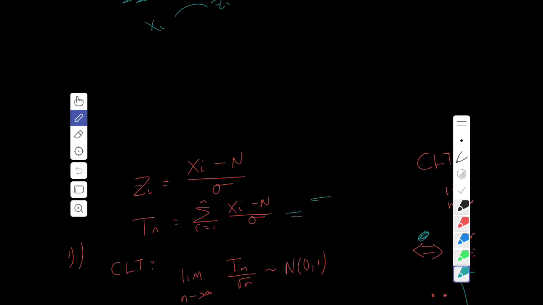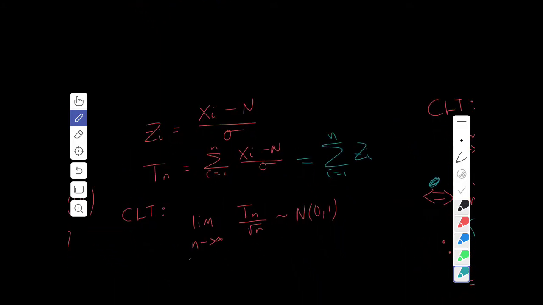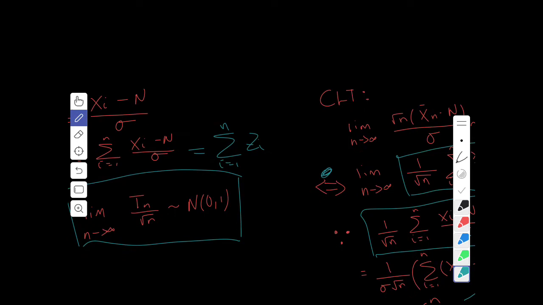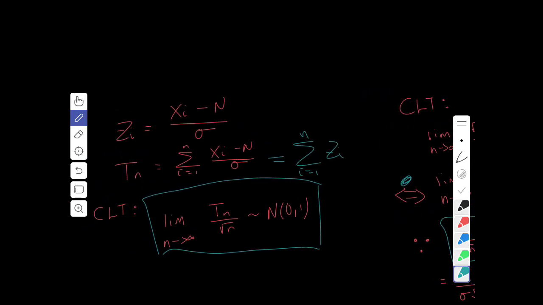That's the same thing as summing up from i equals 1 to n all of our Zi's. So therefore, the CLT can also be written as this statement: the limit of Tn over square root of n as n goes to infinity is a standard normal, and Tn we've defined to be this sum.